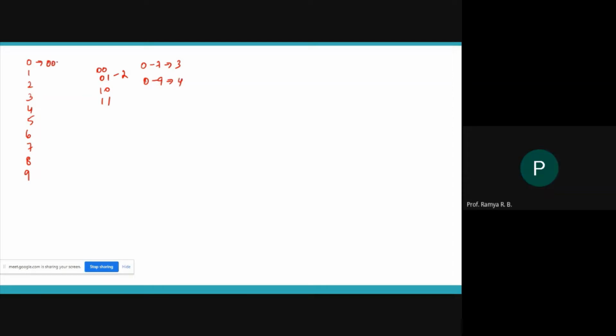Right? So this will be represented as 0000. This as 0001, 0010, and so on. What will be the equivalent of 9? 1001. Right, okay. So if I'm using 4 digits, how many numbers will there be? 2 power 4 is 16, right?